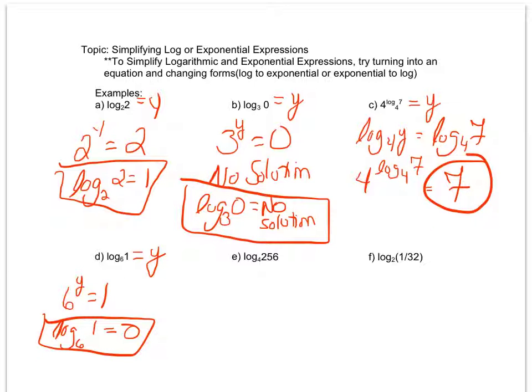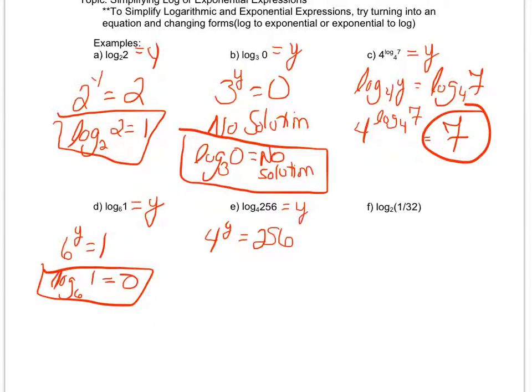Looking at example E, again, I have a logarithmic equation. I'm going to set it equal to y, and I'm going to say 4 to the y equals 256. So from here, I might use my calculator a little bit to help me. I don't have a calculator here with me while I'm recording this video, so I'm going to take a couple extra steps. I know that 256 is 16 squared.